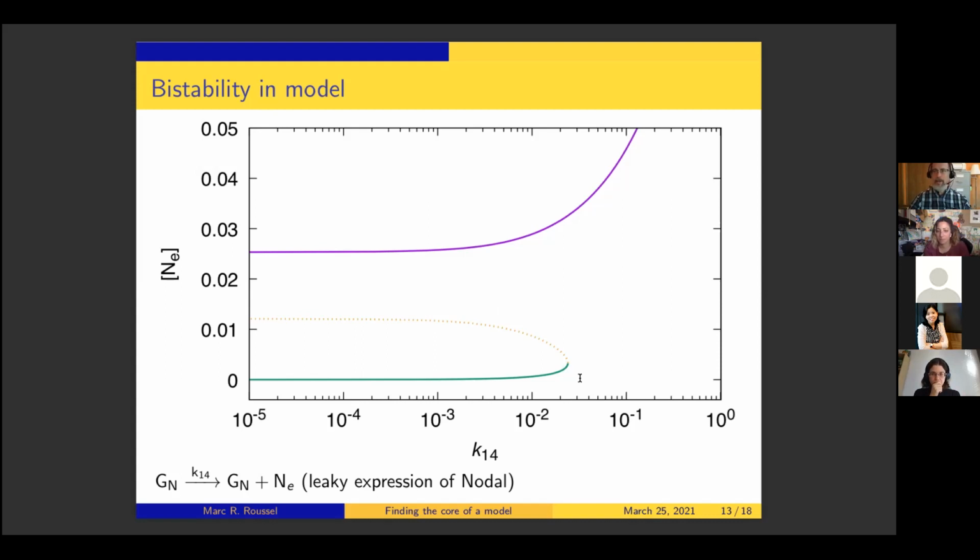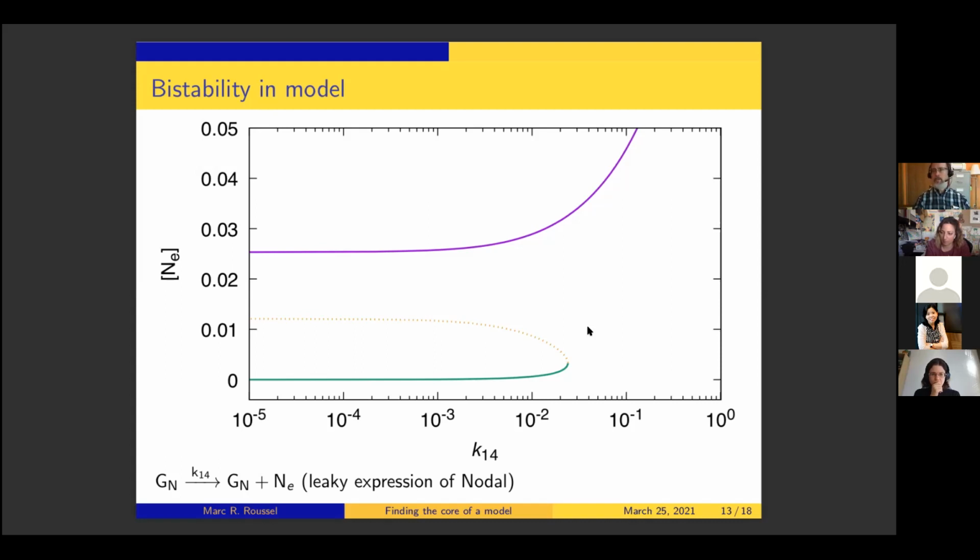It's not self-activating; you're just making nodal all the time. You can pick almost any parameter in this model and generate a bifurcation diagram that has one of these nice little saddle node bifurcations somewhere. The interesting thing is that this particular wiring seems to pervasively give you bistability.